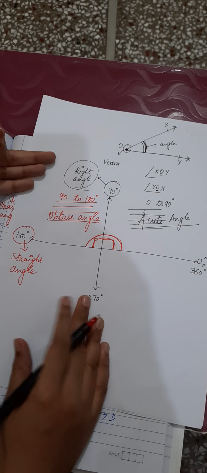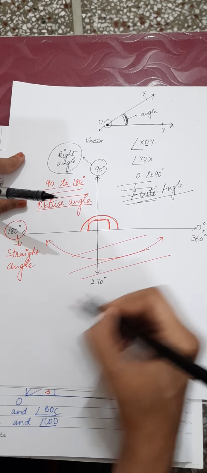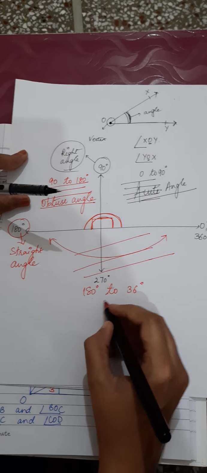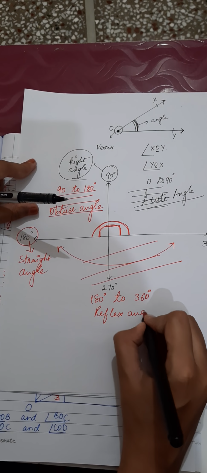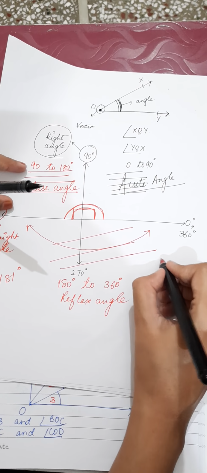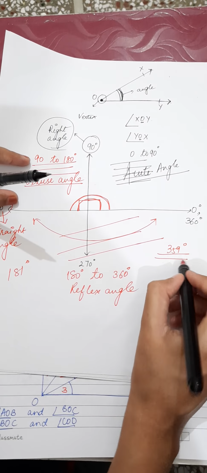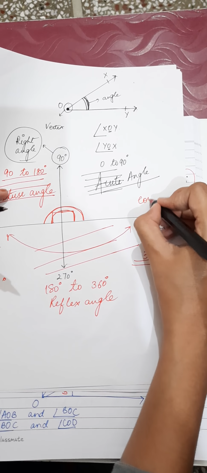Okay. Now the next part. This complete region from 180 degrees to 360 degrees is called a reflex angle. That is, starting from 181 to 359 degrees is going to be a reflex angle. 359 is included. 360 means a complete angle.